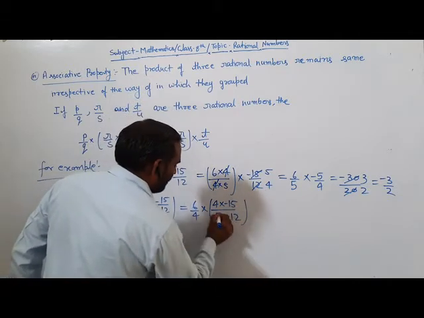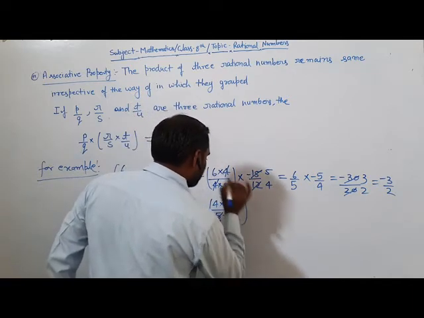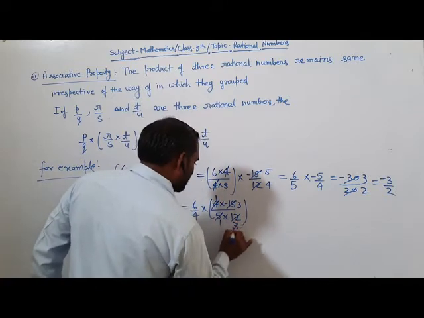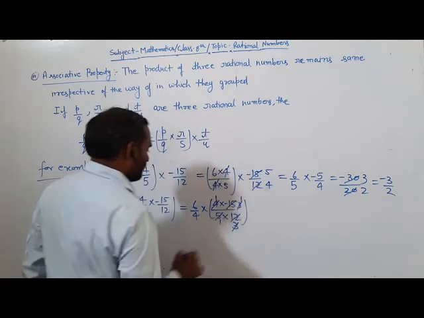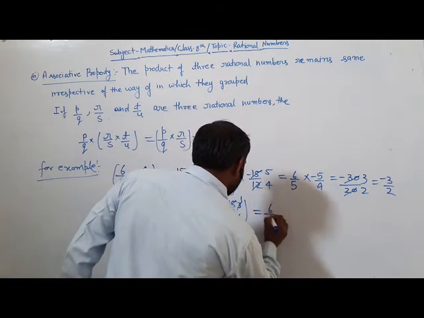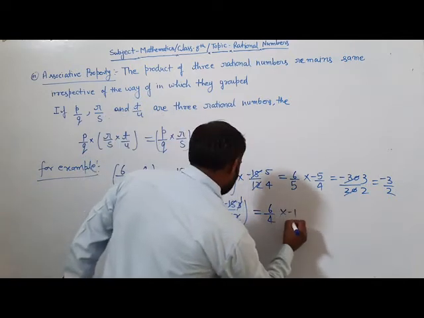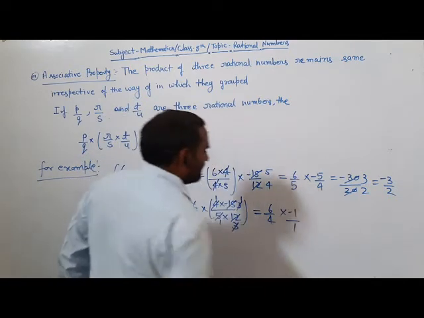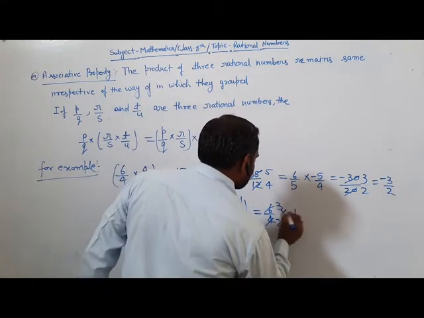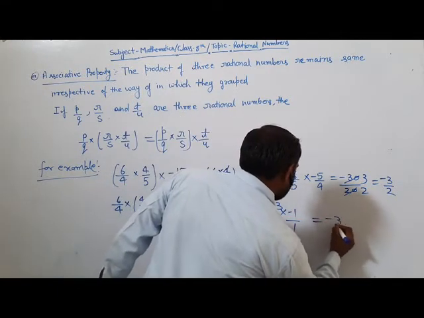We divide 5 into 1. 5 threes are 15, 4 ones are 4. 4 threes are 12, 3 ones are 3. Next, 6 by 4 into minus 1 by 1. So 2 twos are 4, 2 threes are 6. Product of negative and positive: 3 ones are 3, minus 3 by 2.